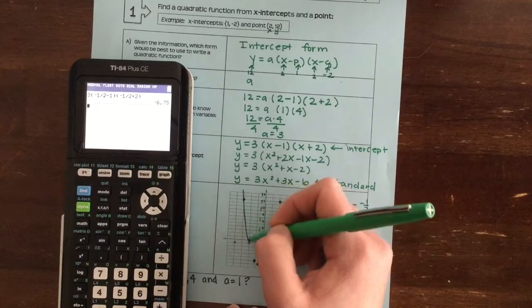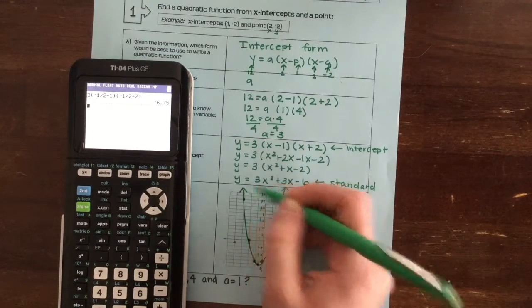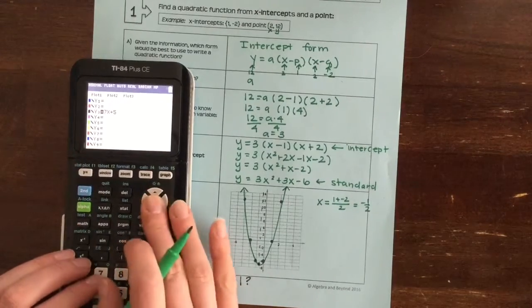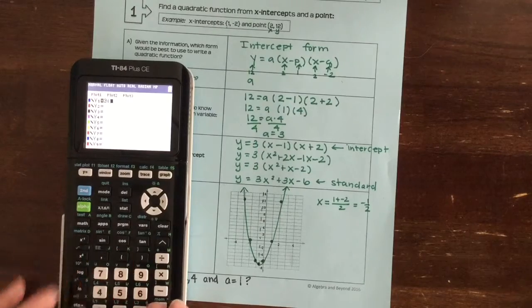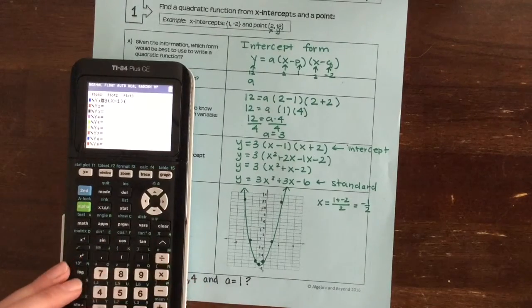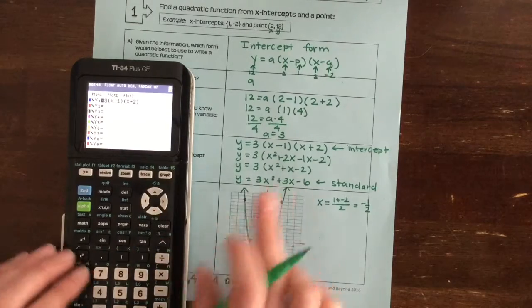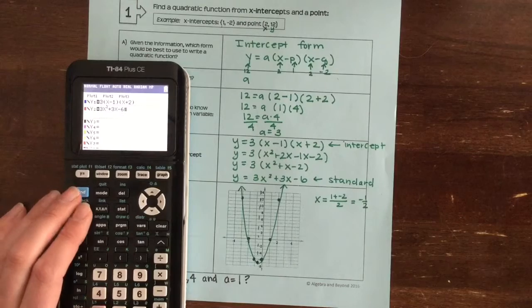This is what my parabola looks like. And remember, if you ever want to double check that on your calculator, there's a couple ways you could do it. We could do 3 times (x minus 1)(x plus 2), and if you want to double check that you've converted it correctly, why not graph that same equation?